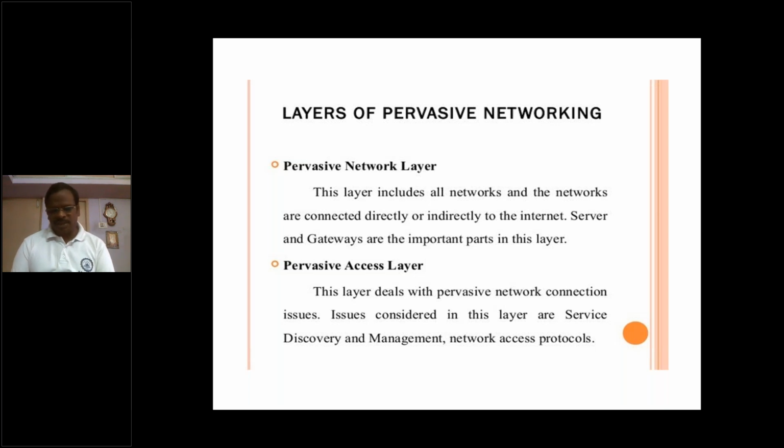Based on the network access protocols, whether the network is identified by means of a device or not. If the device is not perfectly available with the IP address and other things, then this layer will never act in a smart manner.